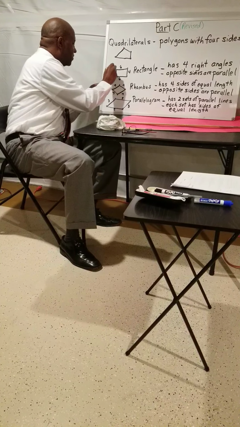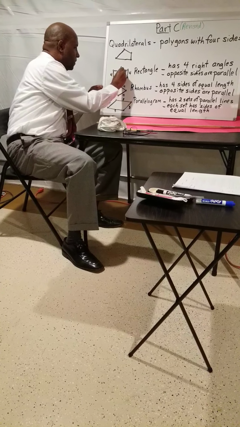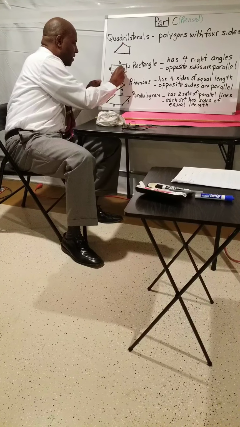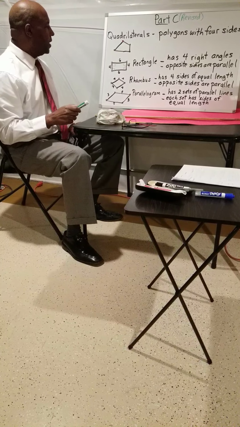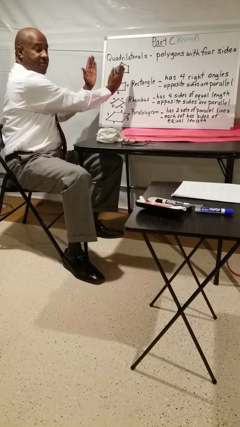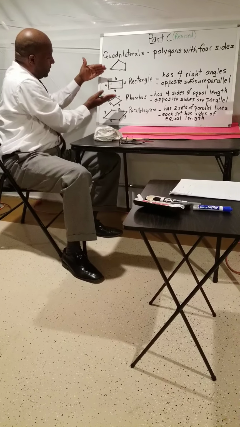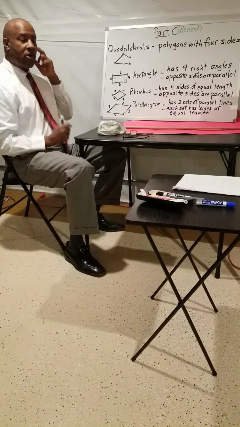And this is the symbol for the right angles, if you happen to see that. So we have 4 right angles, and the opposite sides are parallel. You see, they will never meet on this side. They will never meet. In continuous motion, they will never cross.